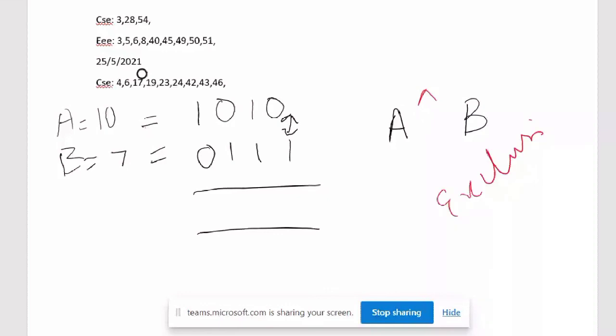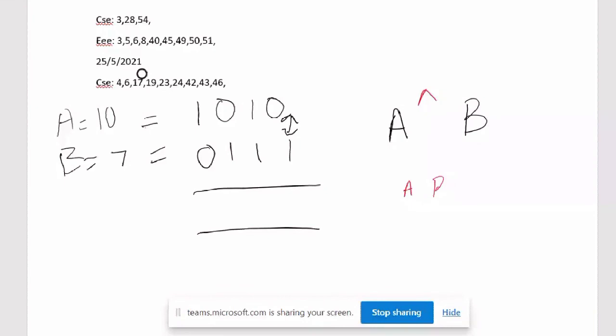Can you see that on the screen, ma? Exclusive OR. Okay, do you know the truth table for exclusive OR? I'm just writing the truth table for this exclusive OR.